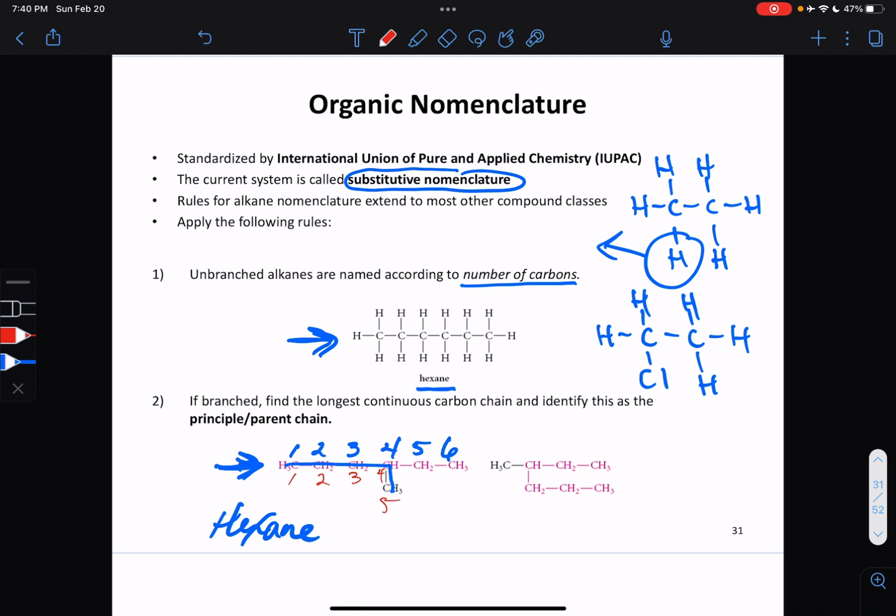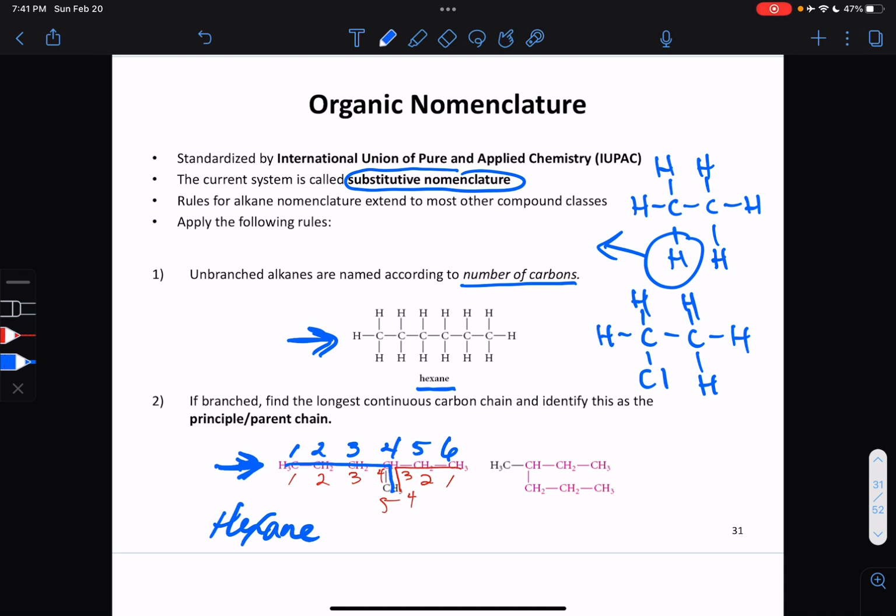And 6 carbons is obviously bigger than 5 carbons, so we're going to go with 6. We could also do this direction right here, but that would give us 1, 2, 3, 4, and that's even shorter than the 5 carbon chain. So the longest continuous chain is hexane, which is 6 carbons.